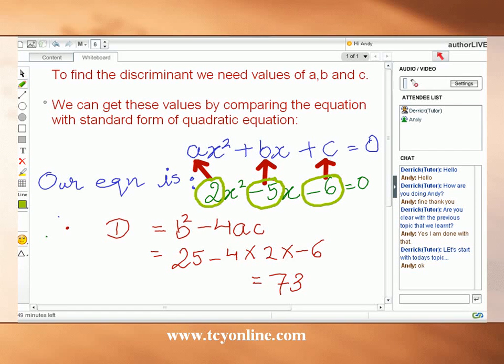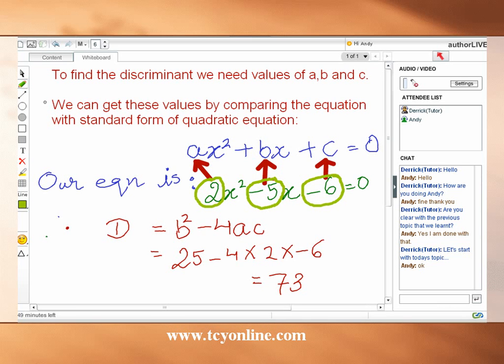Let's see an example to find the discriminant. Our equation is 2x squared minus 5x minus 6 equals 0. So first of all, compare this to the standard form of a quadratic equation, ax squared plus bx plus c equals 0. On comparing, we will get a equals 2, b equals negative 5 and c equals negative 6.